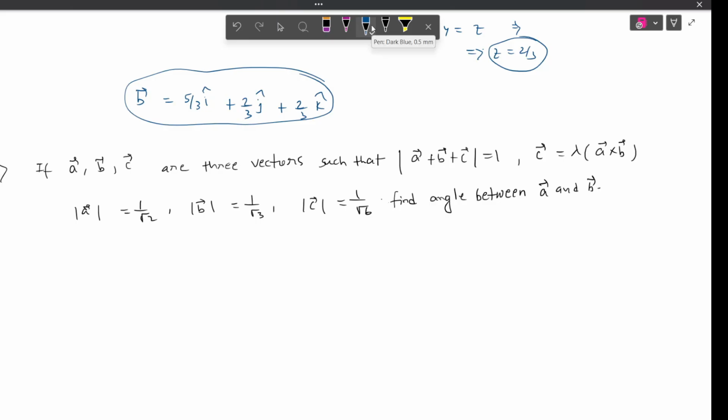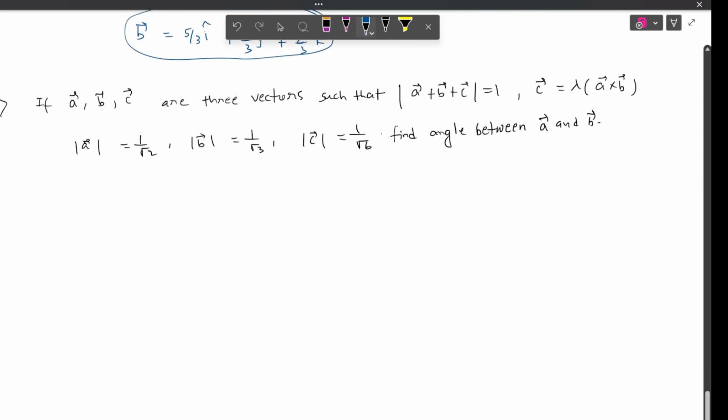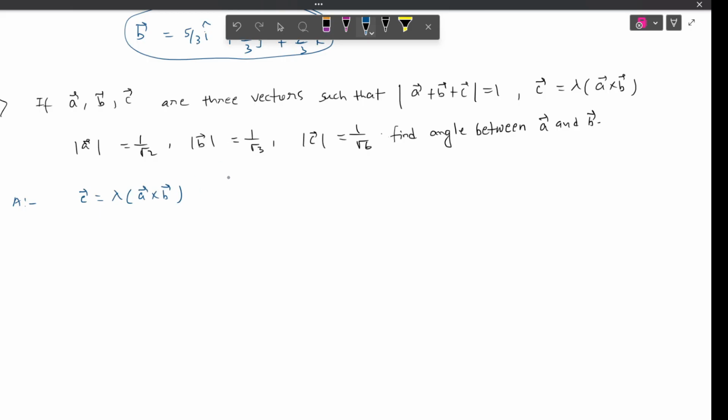So let's see the solution. It's given that C vector is lambda into A cross B, and C vector is some constant multiplied by A cross B. That means C is a perpendicular vector to both A and B. So from this we can say C is perpendicular to both A and B. Okay.